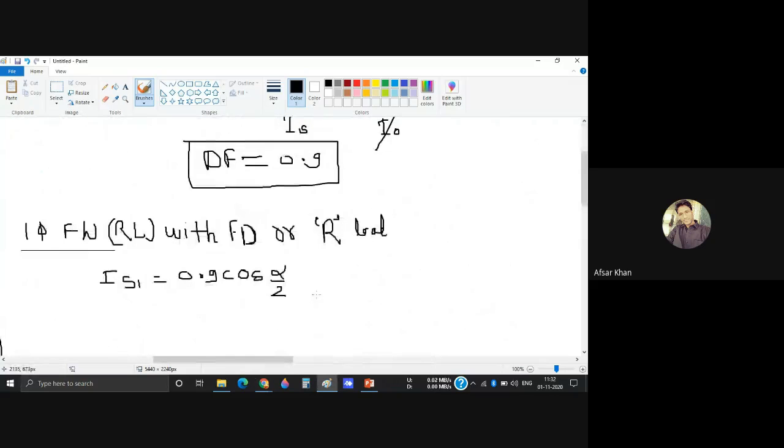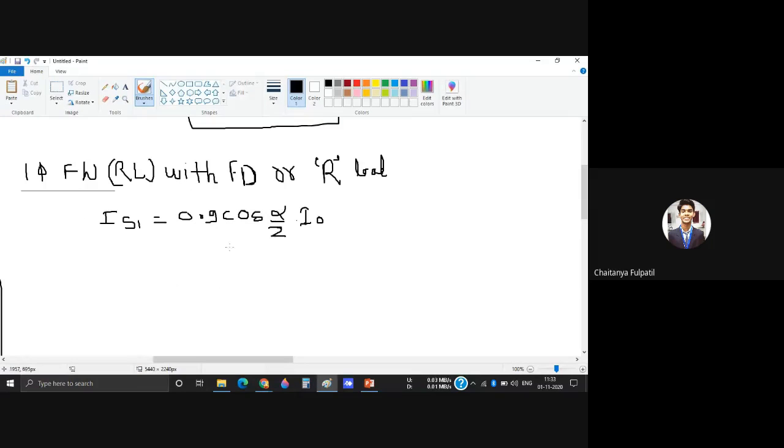If there is a freewheeling diode, then for the conduction period, if we see that waveform, it will be alpha by 2 into what is remaining? And IS will change to the RMS value. IS is equal to the square root of, if there is a freewheeling diode, the waveform will be what shape?